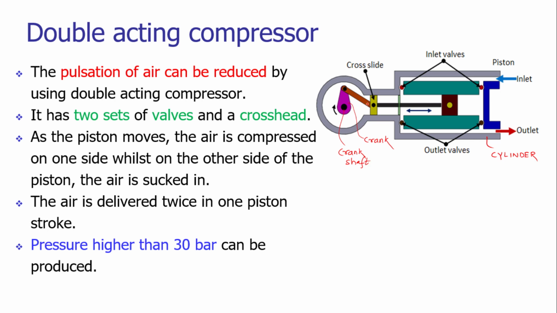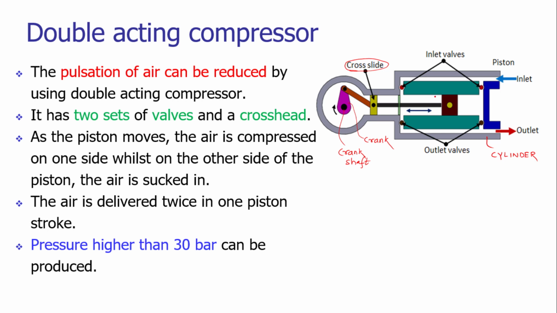The piston is connected to the connecting rod through a cross slide, and here that cross slide is helping us to get more efficiency of the system. You can see here, during the rotation of the crank, the piston is reciprocating inside the cylinder bore.